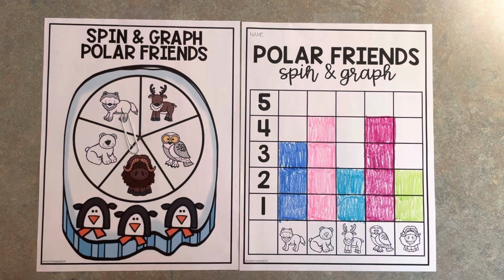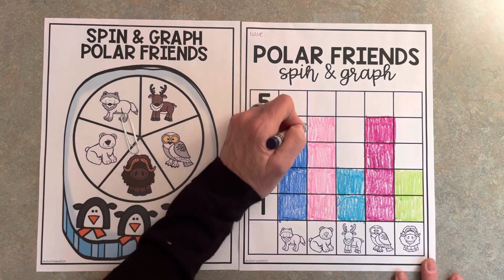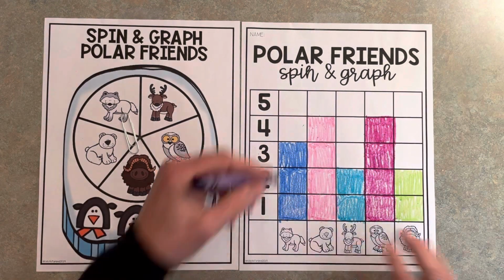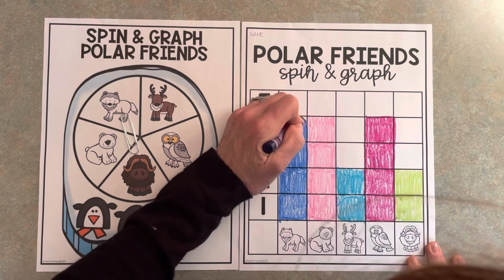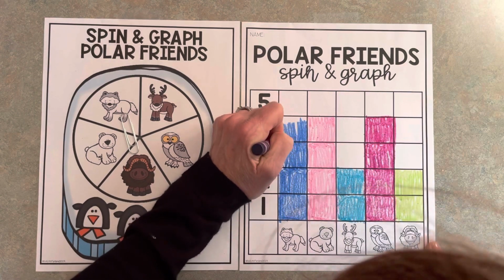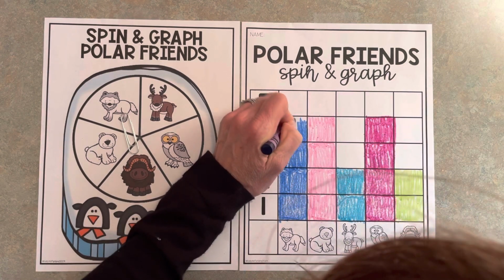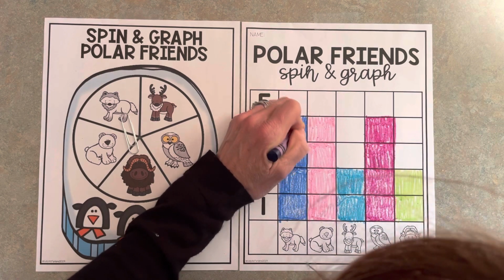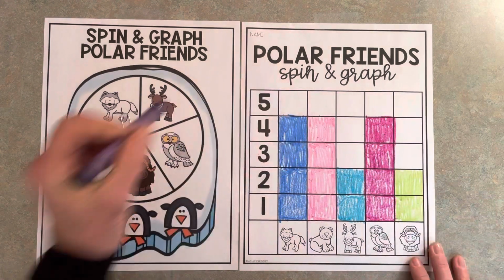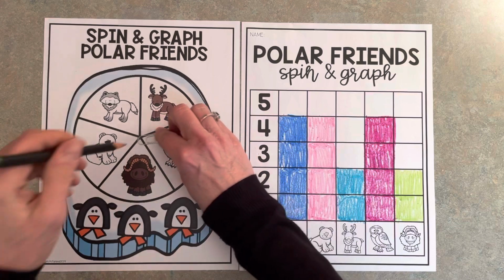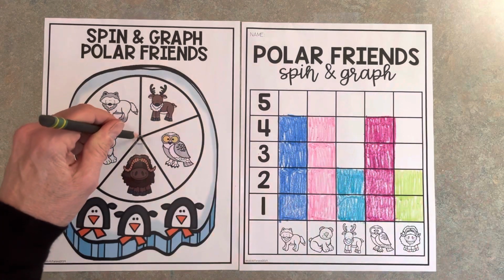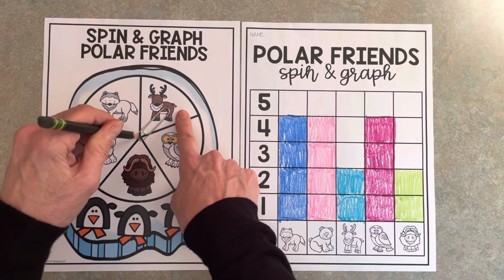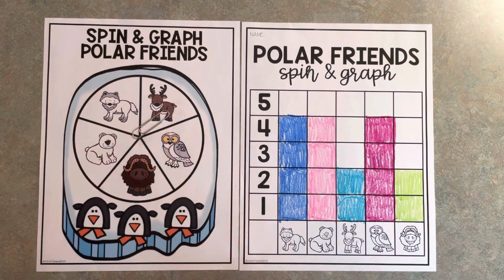Arctic fox catches up. Now Arctic fox, polar bear, and snowy owl all have 4. Okay, this might be the deciding spin. I can't believe this.